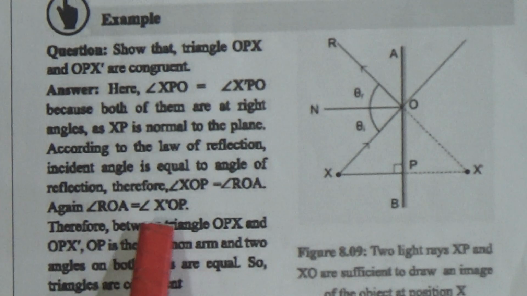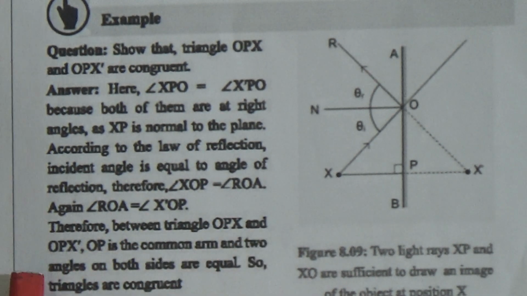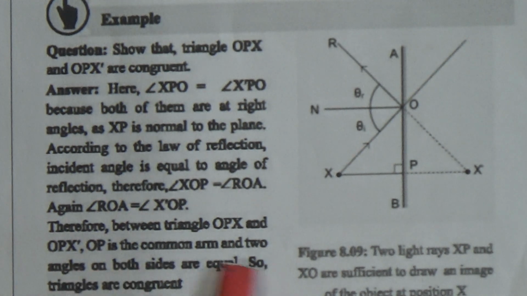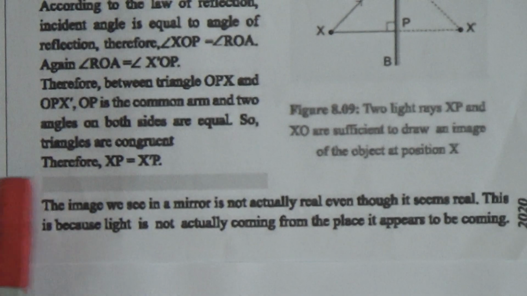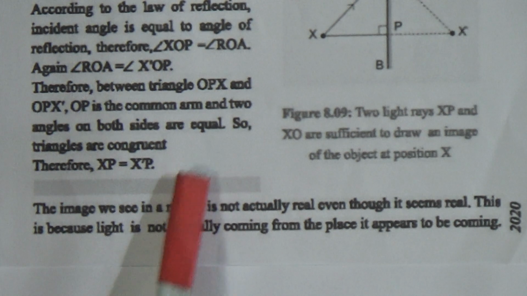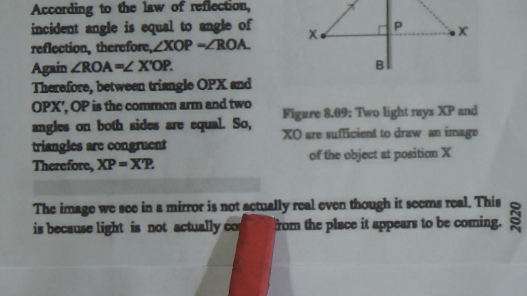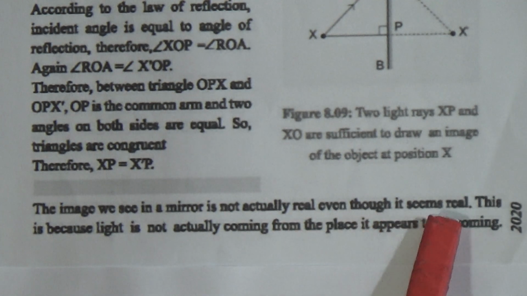Again angle ROA equals angle X'OP. Therefore, between triangles OPX and OPX', OP is the common arm and two angles on both sides are equal, so the triangles are congruent, and therefore XP equals X'P.